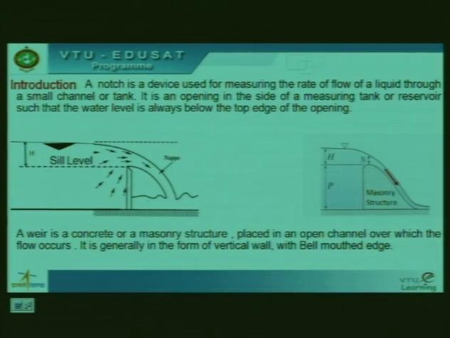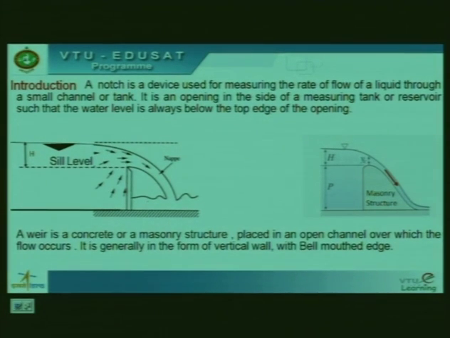Come on sir, you said orifice and mouthpiece is also a device used to measure the discharge. Yes, orifice and mouthpiece is also used to measure the discharge in a tank. Here this notch is a device used for the same thing in a channel or in a tank. Then what is the difference between a notch and an orifice?